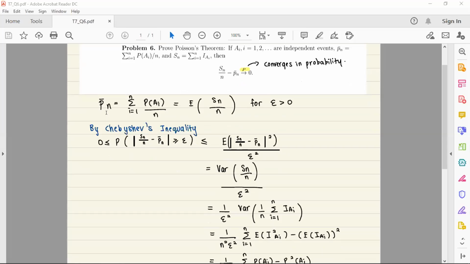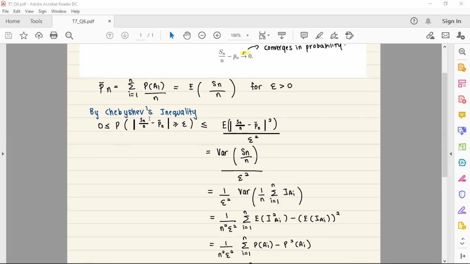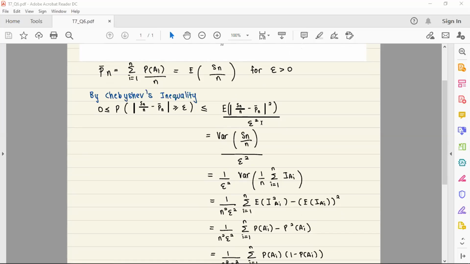Here we can see that P̄n is equal to the expectation of Sn over n. For epsilon greater than 0, by Chebyshev's inequality, this probability is less than or equal to the expectation of the absolute value of Sn over n minus P̄n squared, over epsilon square.